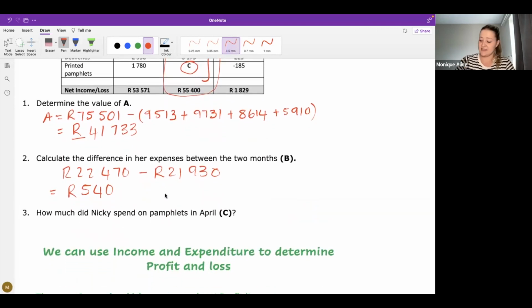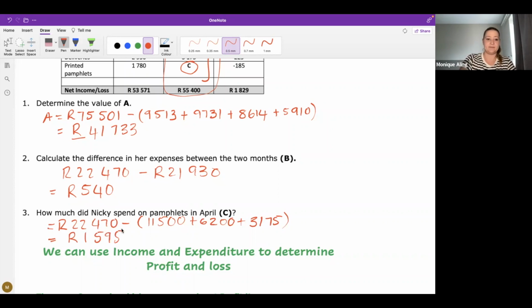So we should get 22,470 minus, again, various ways you can do it. Do whatever method makes sense to you. Okay, and the answer should be 1,595.